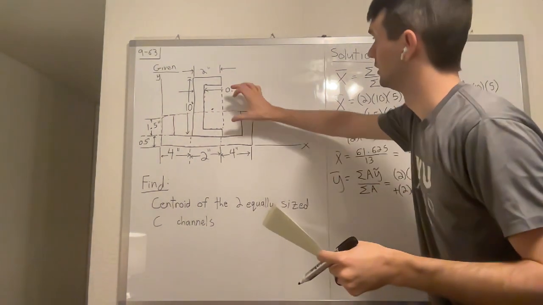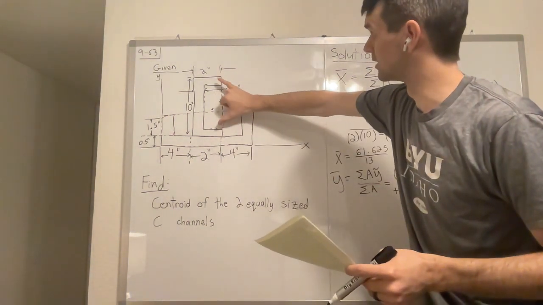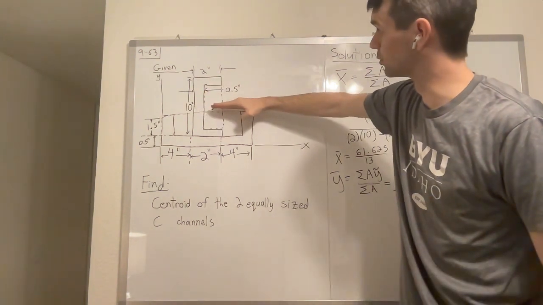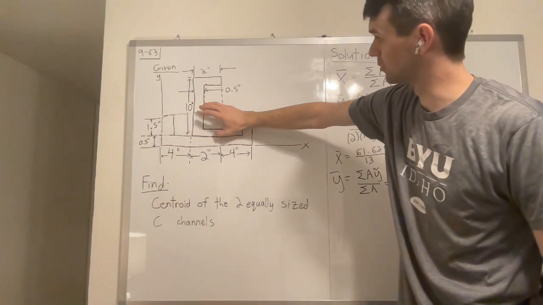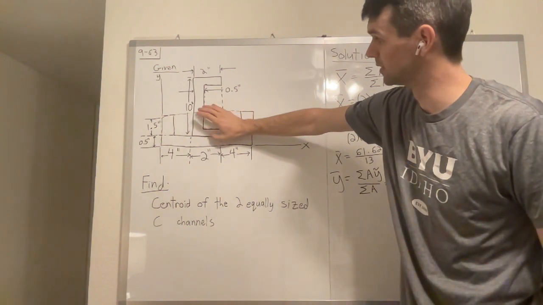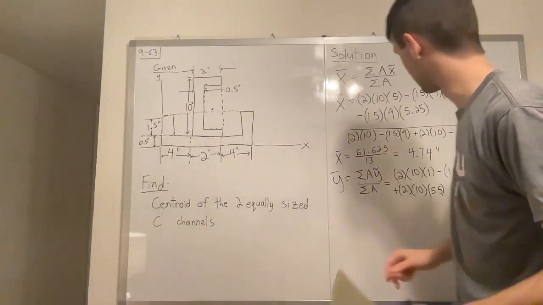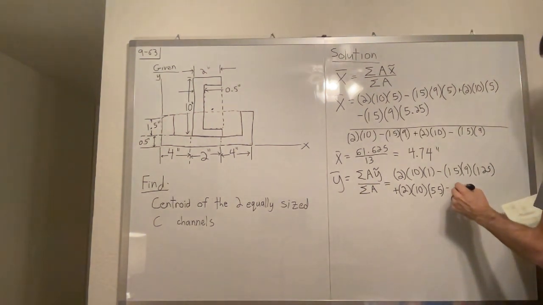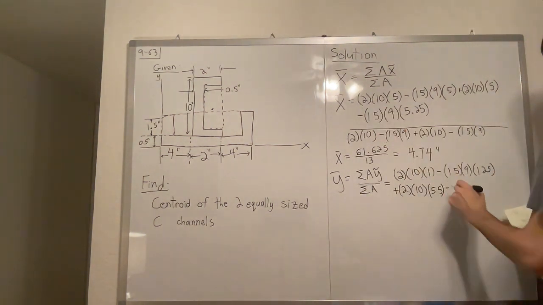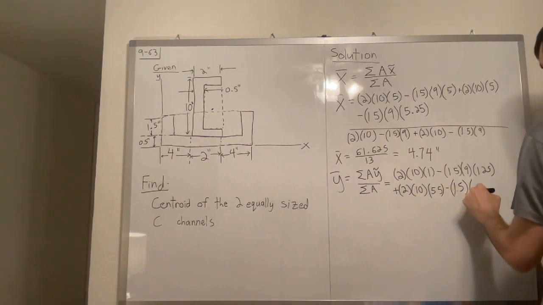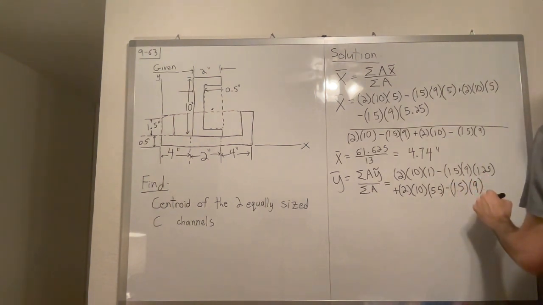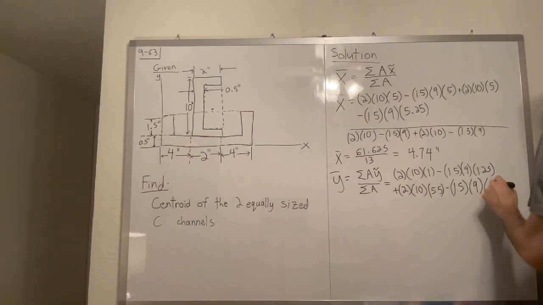Because if you're just looking at this shape, it's 10 high, so the centroid would be 5 inches here, but then it's offset by 0.5 because it's sitting on top of this C channel there, so 5.5. And then minus the cutout area there, which is 1.5 times 9. And it is also going to have the same y bar, or y tilde, 5.5.